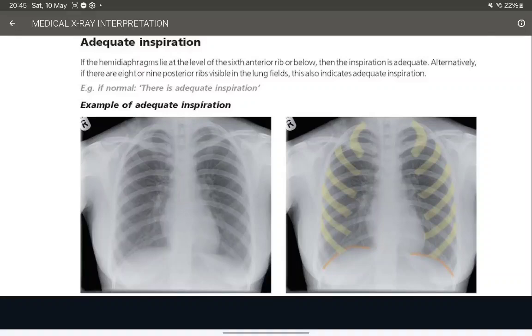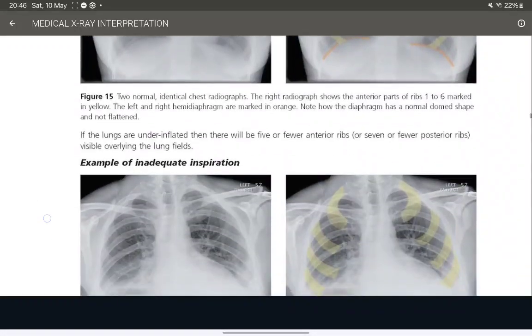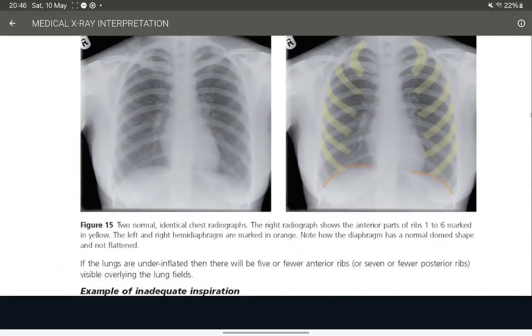Regarding the adequate inspiration, we said that we have to count the ribs. 8 to 10 ribs in the lung field should be apparent, like in this image. This is a normal radiograph.